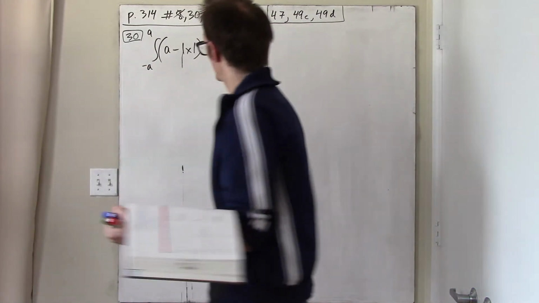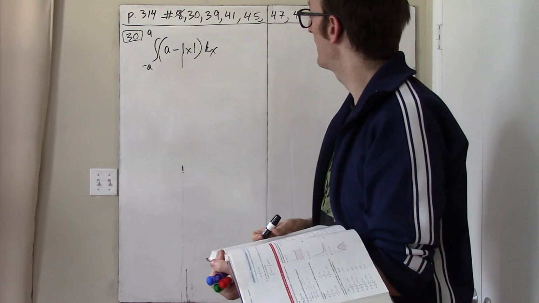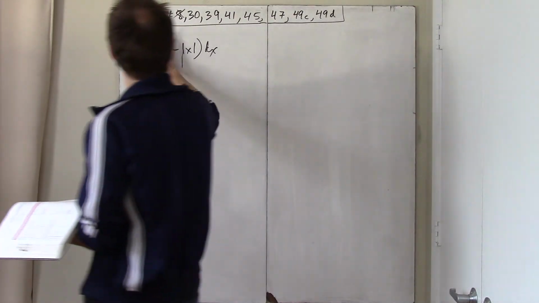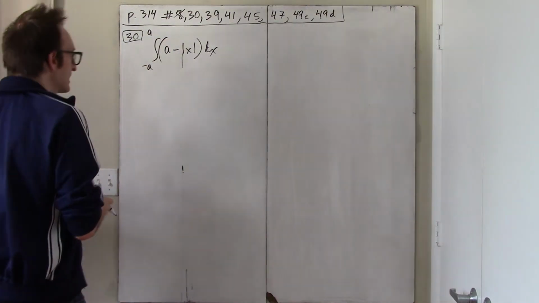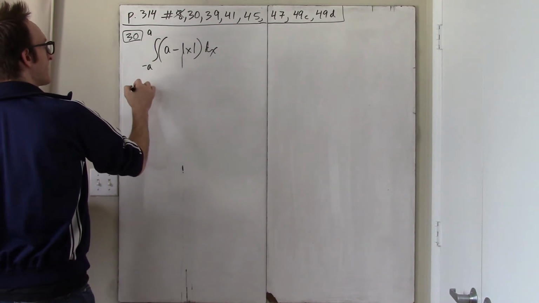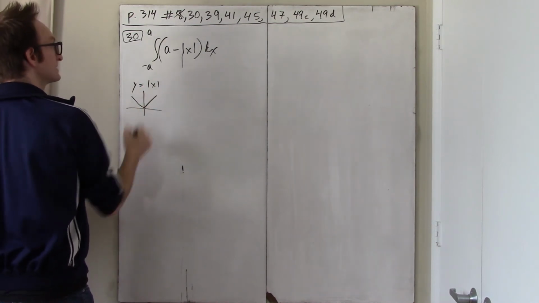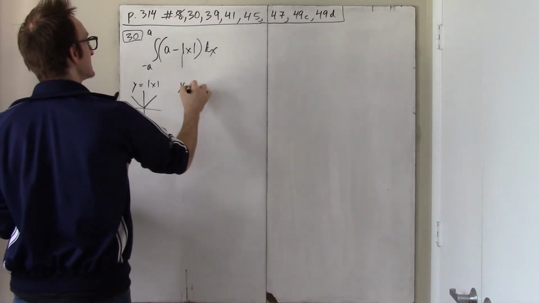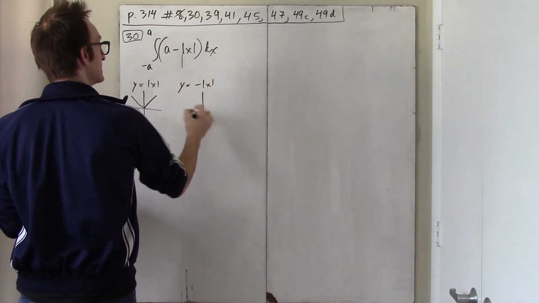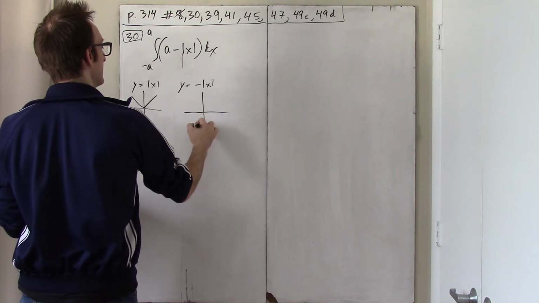This is kind of a strange problem maybe, but we can do it by just knowing things, I guess. What does absolute value x look like? Of course, it looks like this. So that means that negative absolute value of x looks like this.